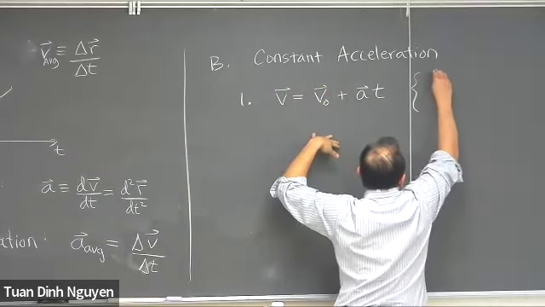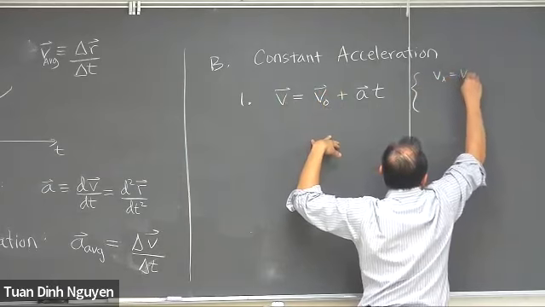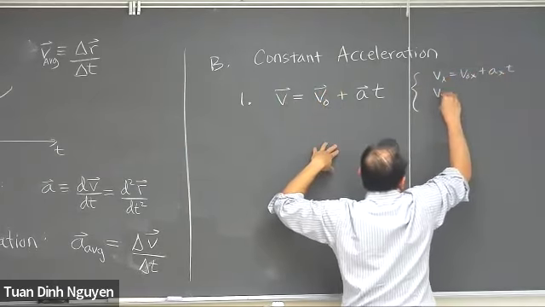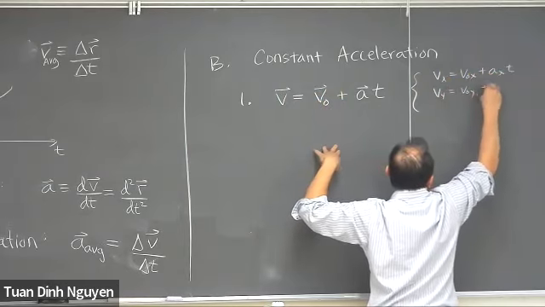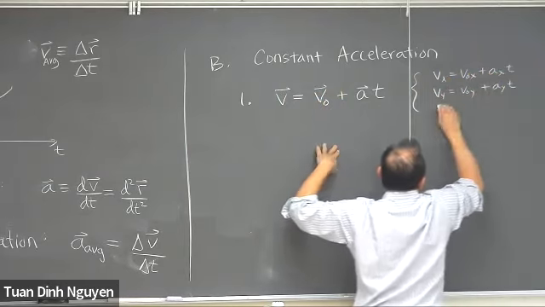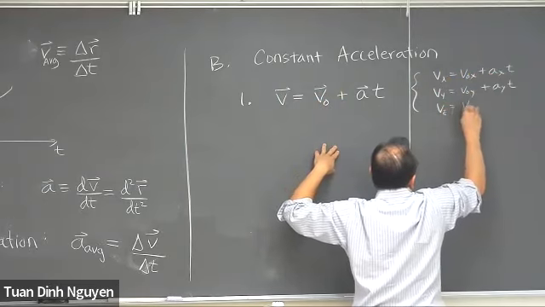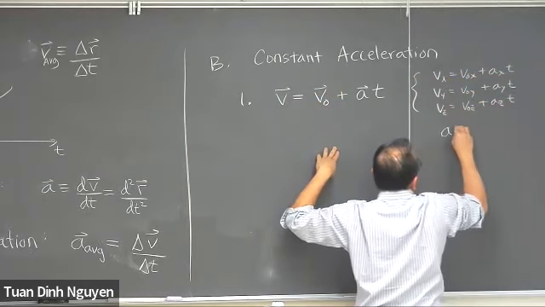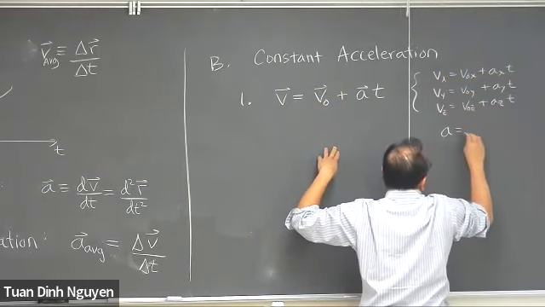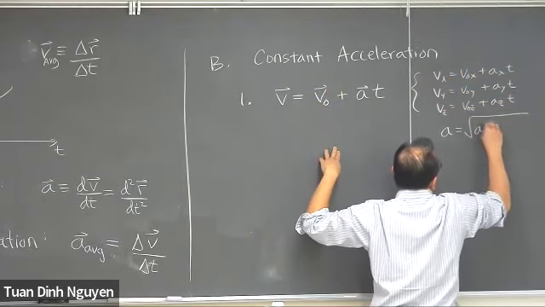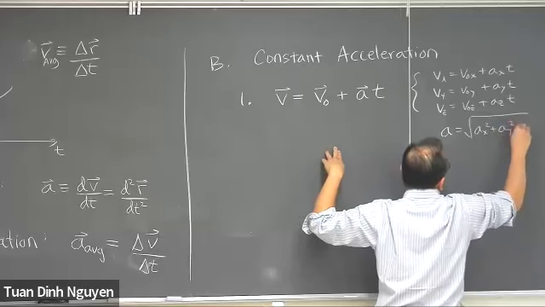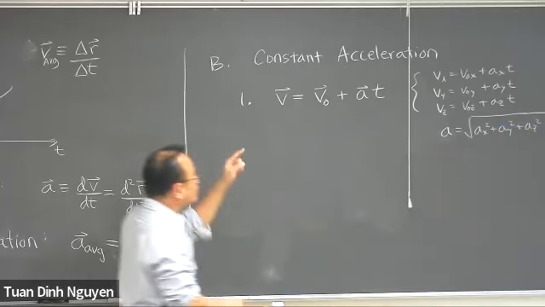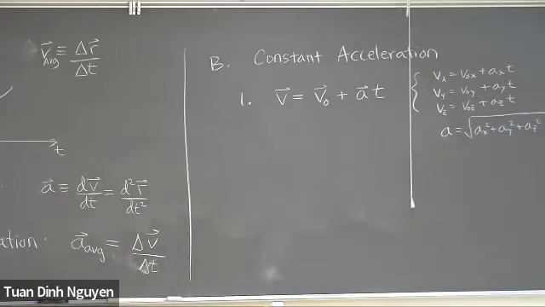You have v x equals v naught x plus a x t, v y equals v naught y plus a y t, and v z equals v naught z plus a z t, where a squared equals a x squared plus a y squared plus a z squared. And all these a's are constant.